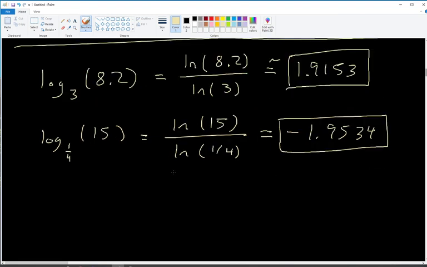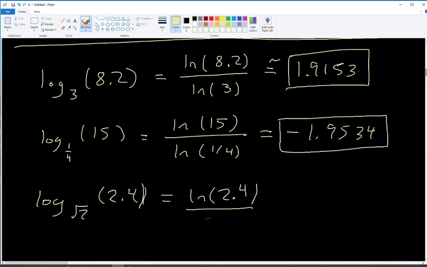And maybe one last one of these. Let's say we got log base square root of 7 of 2.4. So again, this will be natural log of the parentheses part, which is 2.4, divided by natural log of the old base, which is square root of 7.